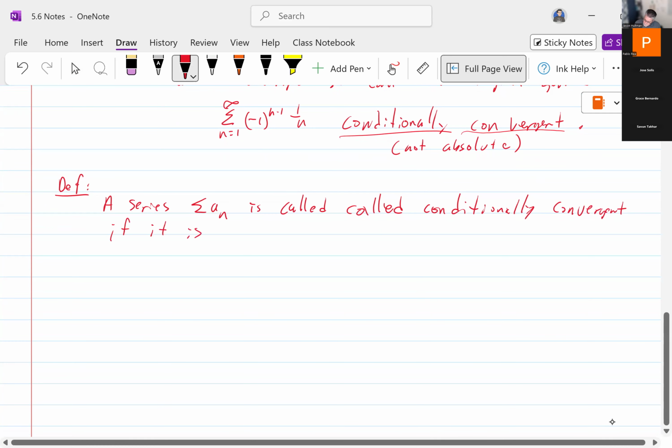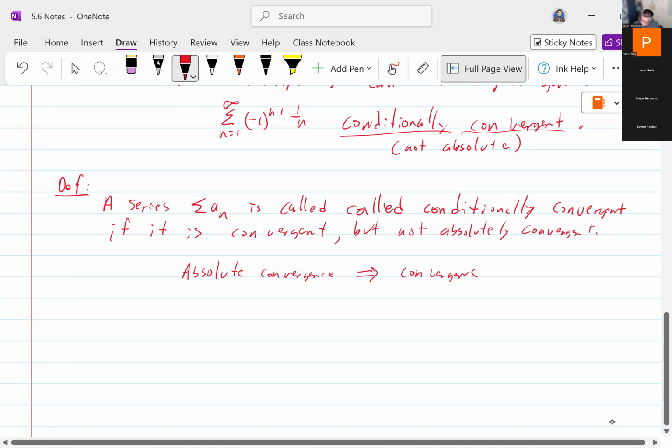If it is convergent, but not absolutely convergent. Okay. So absolute convergence implies convergence.